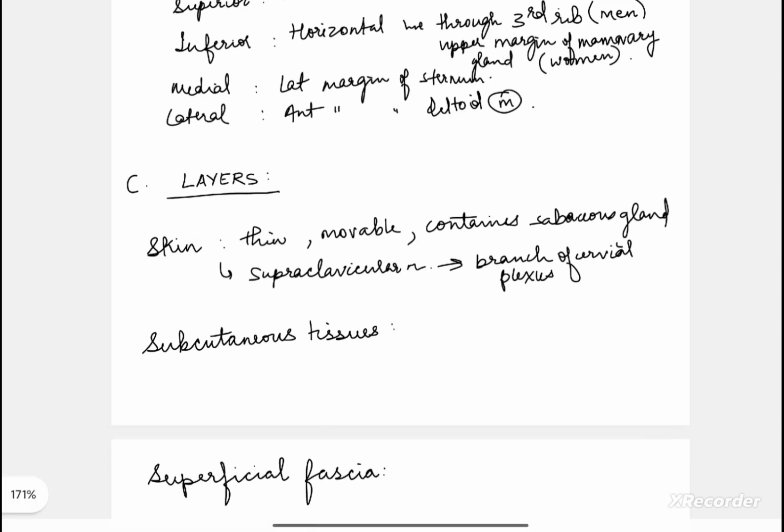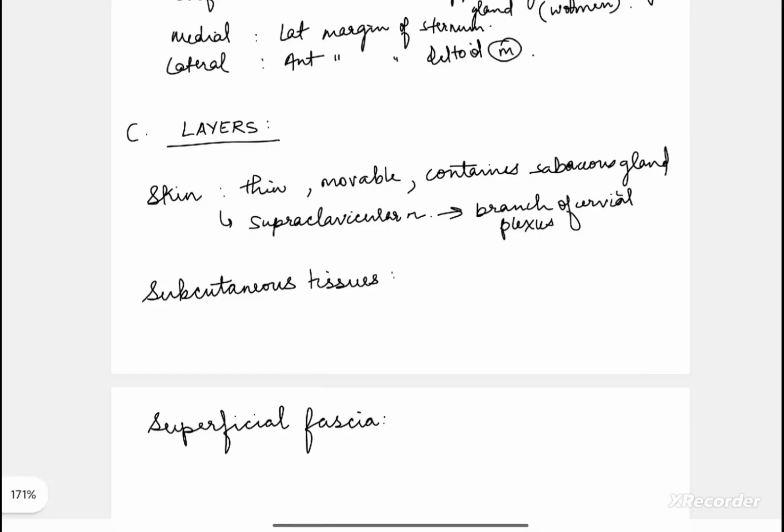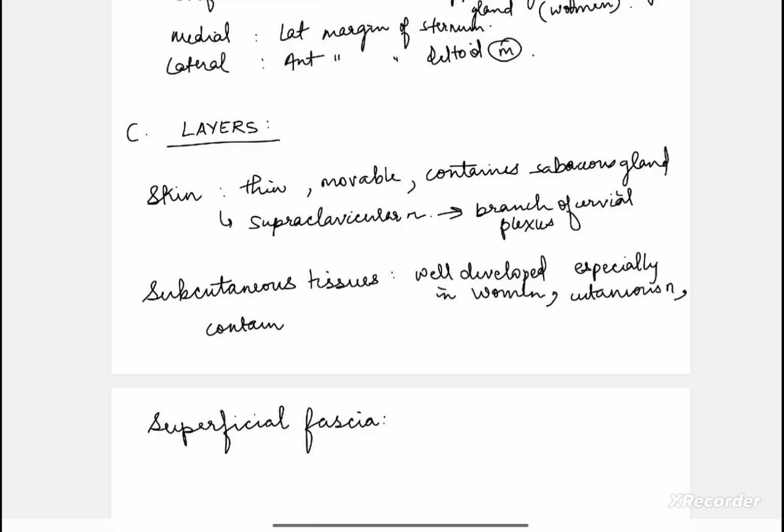Okay. Now next is the subcutaneous tissue. Subcutaneous tissue is well developed, especially in women. It contains cutaneous nerves and it contains veins.